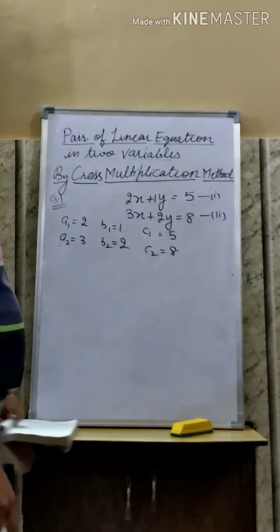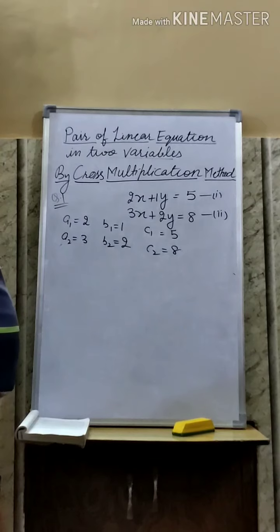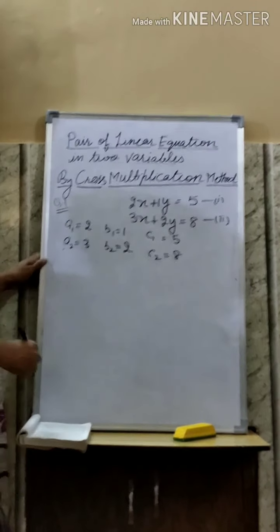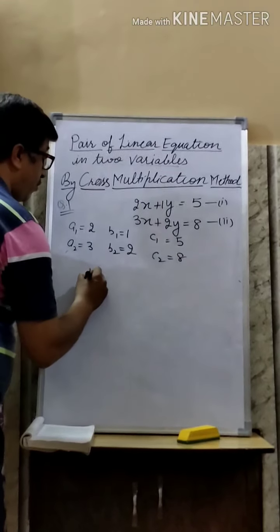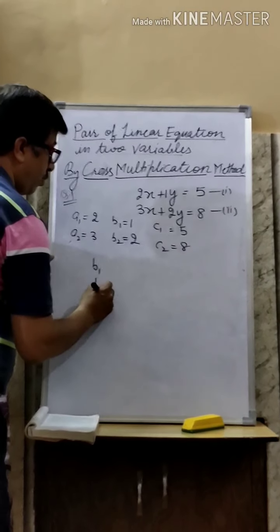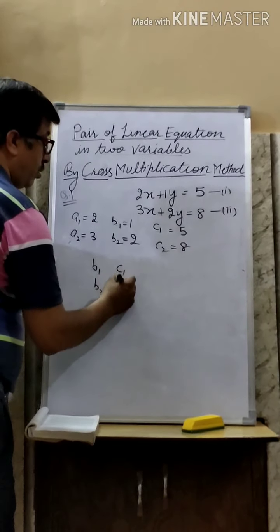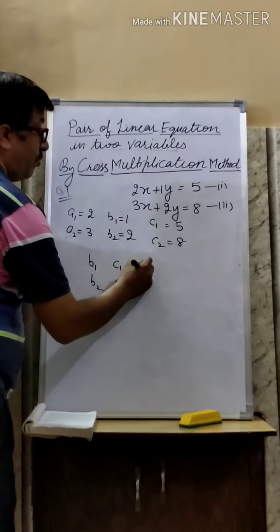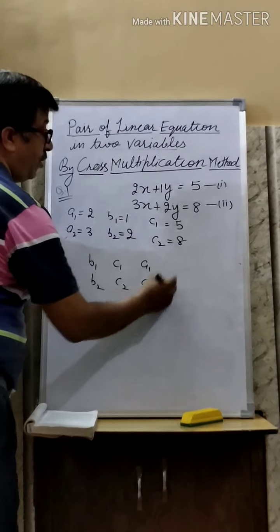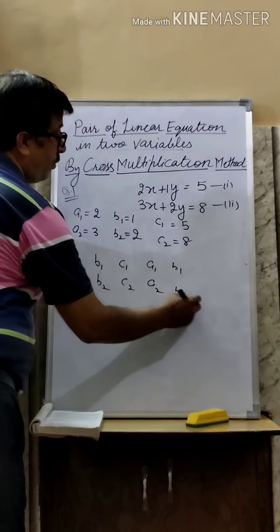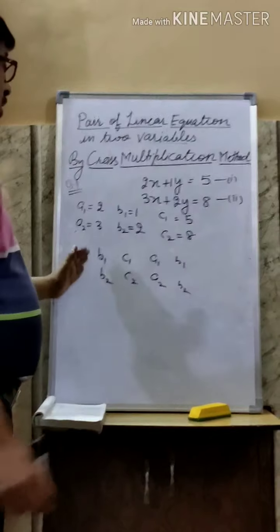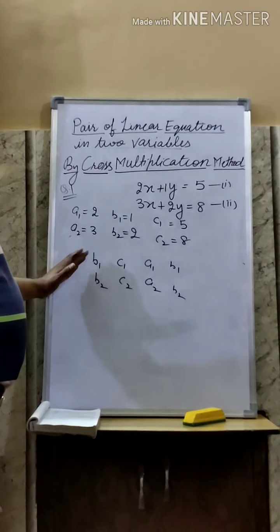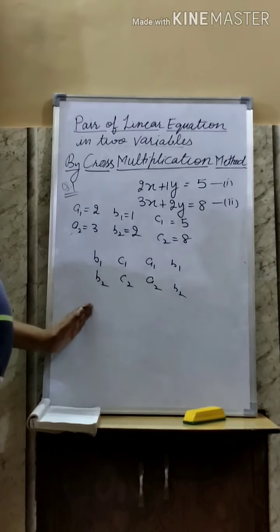Now cross multiplication method, what is this? First you have to start from b1, b2, then c1, c2, then a1, a2, then b1, b2. Write the coefficients from b1, b2 first, because it is the method.